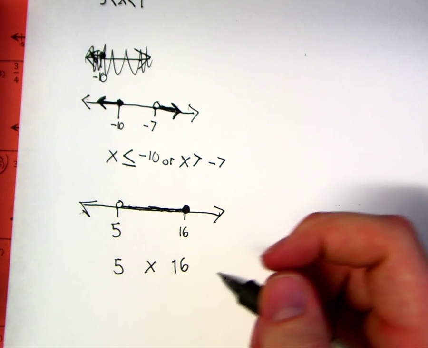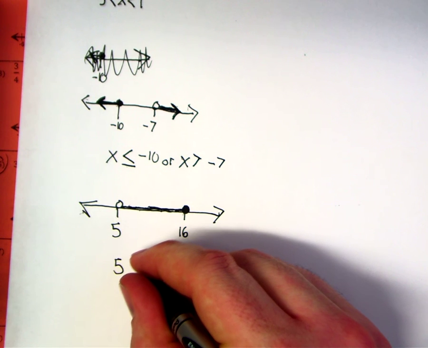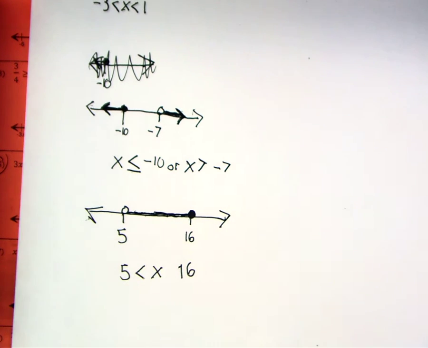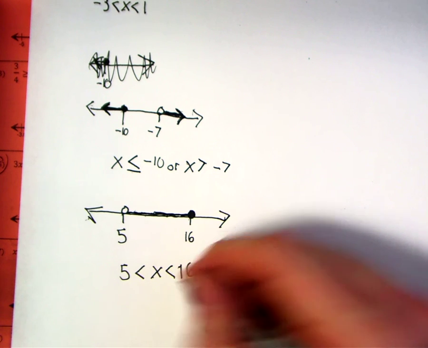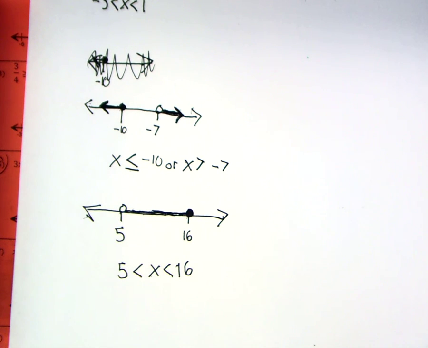And then if we say, okay, well it has to be bigger than 5 and smaller than 16, and that should hypothetically be our inequality, right? Let's go ahead and we'll check it out here.